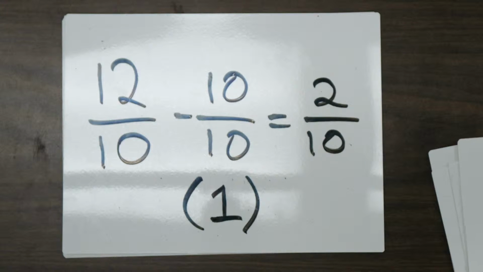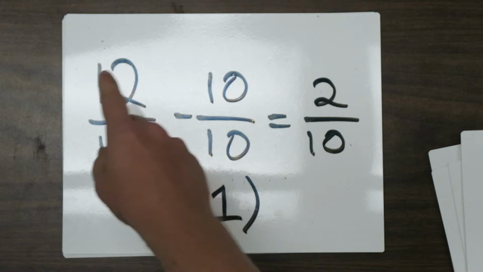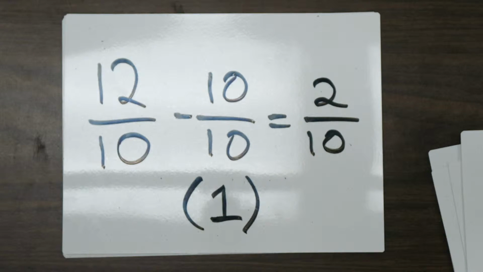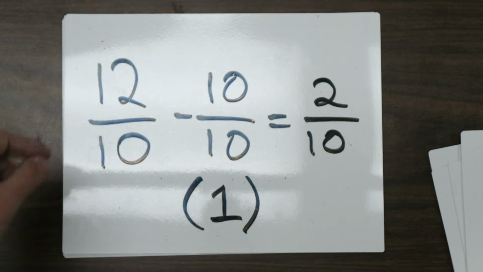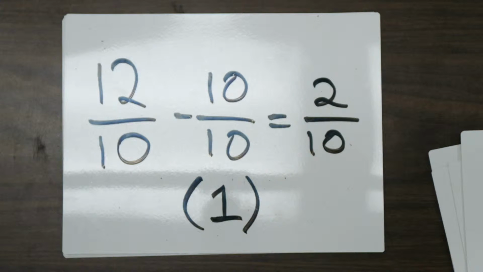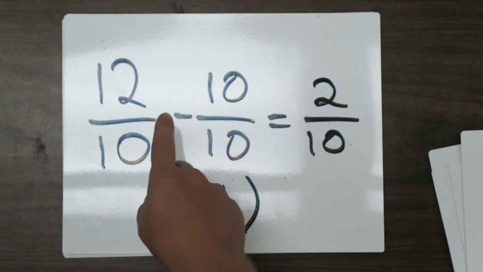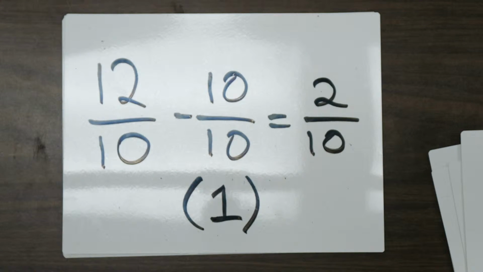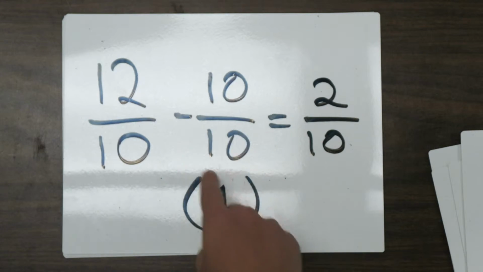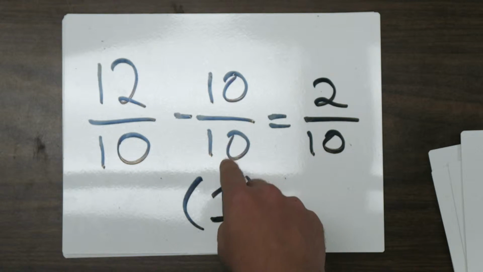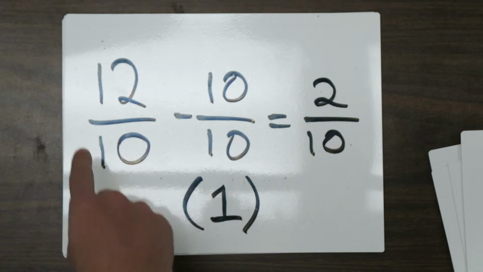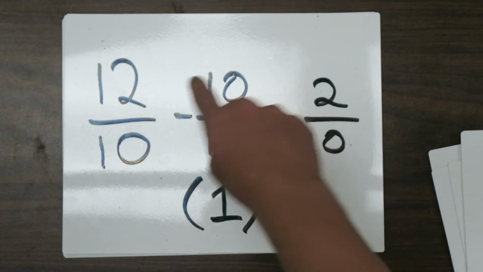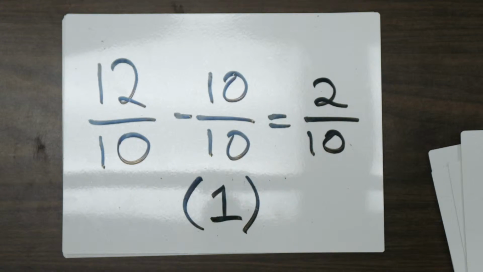The first thing I'm going to do, because it's an improper fraction where the numerator is bigger than the denominator, that means that that fraction has a value of more than 1 or greater than 1. So the first thing I'm going to do is subtract 1 from this fraction. The fraction equivalent of 1 is always going to be whatever the denominator is, and copy that to the numerator.